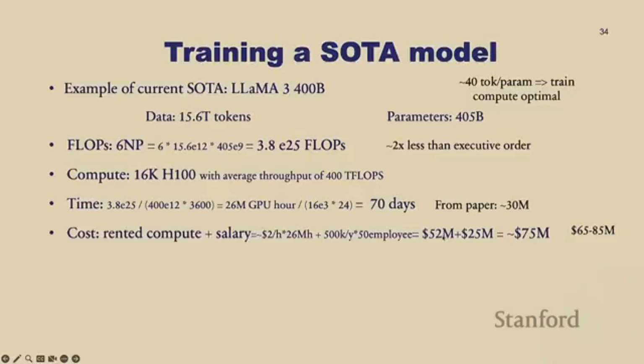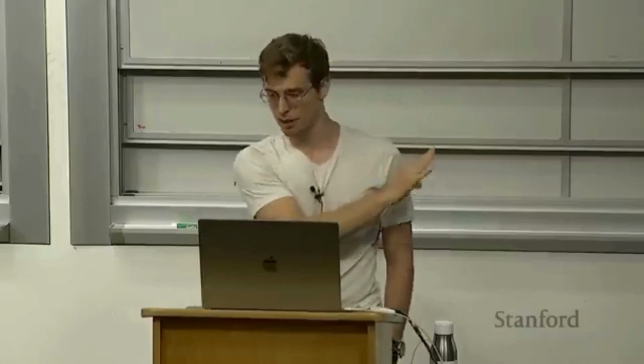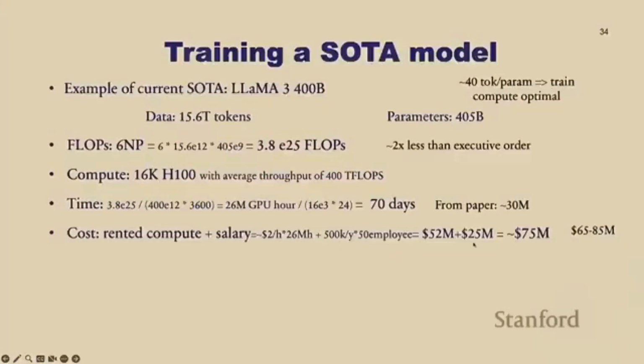They probably pay less than that, but not much less, because all these services that rent GPUs don't make that much money. So it's probably slightly less, but not that much less. Now salary: I said 50 employees, $500K per year. It's probably the right ballpark. That's 25 million. So if you put it all together, it's around $75 million for training this Llama model. I'm probably off by like 10 million, but that's the right ballpark.